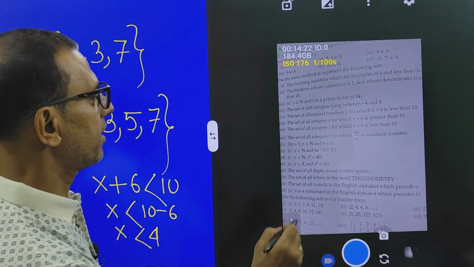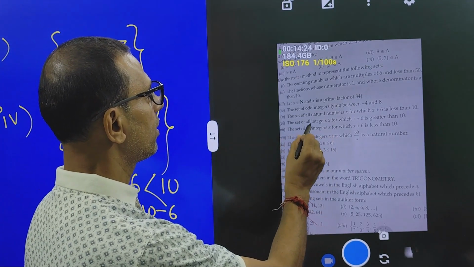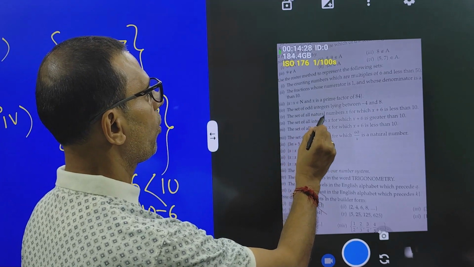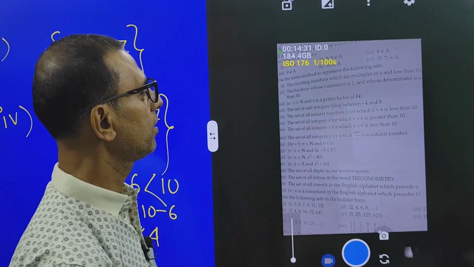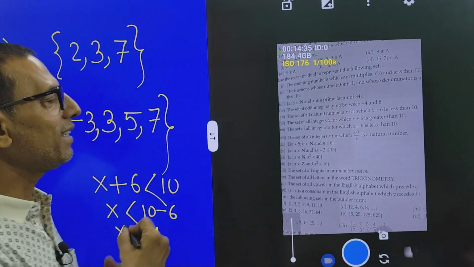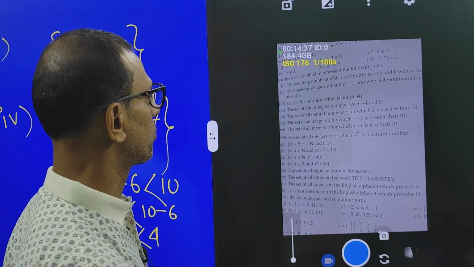So if x is less than 4 and x is a natural number, that means all natural numbers, that means 1, 2, 3. x is less than 4: 1, 2, 3. That is how we can express it in roster form.